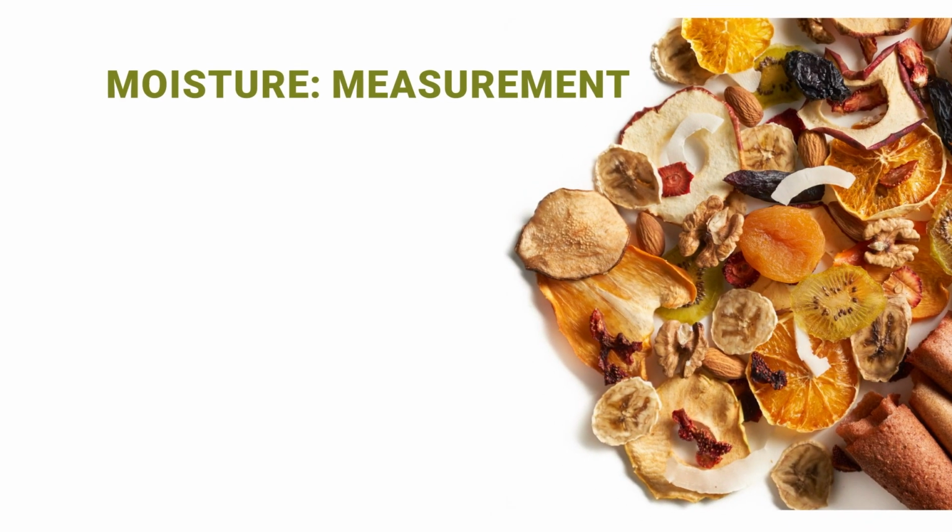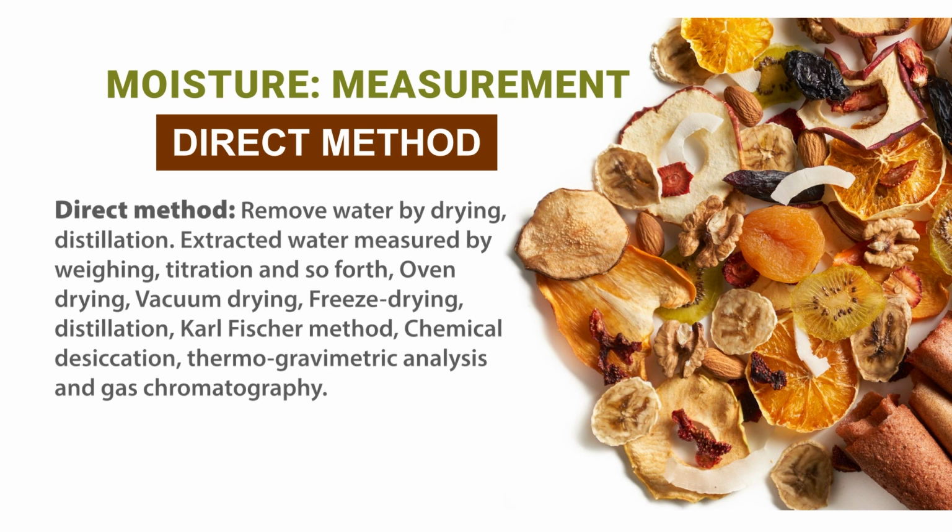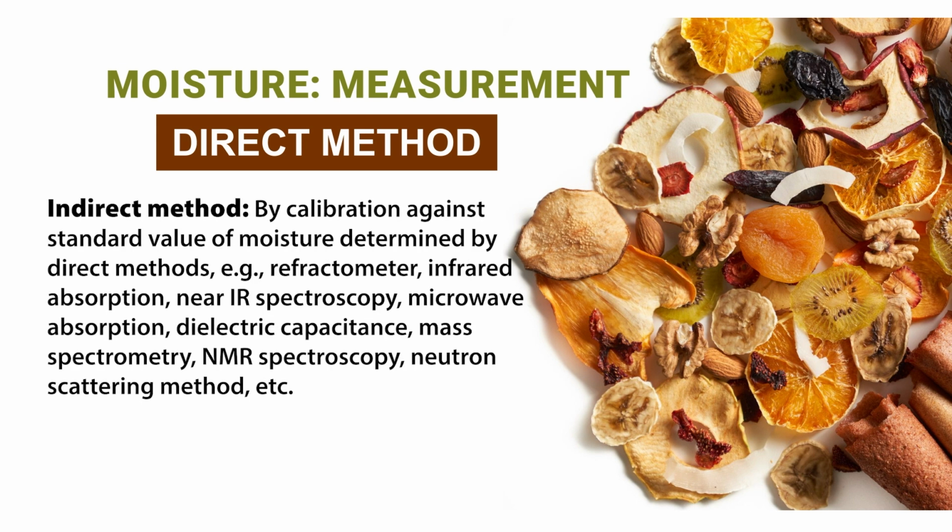So moisture measurement can be direct: you remove the water which is there and know how much the weight loss is. For that, you either dry it in an oven, you dry it under vacuum, you freeze dry it under pressure and low temperature, you dry it by distilling, or you do it by the Karl Fischer method. But then there are indirect methods.